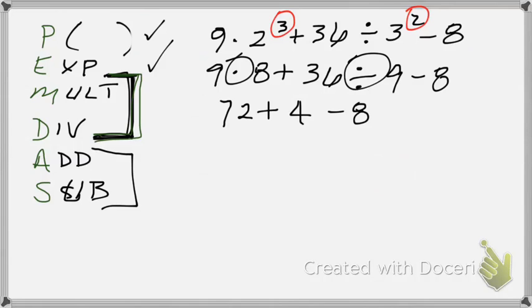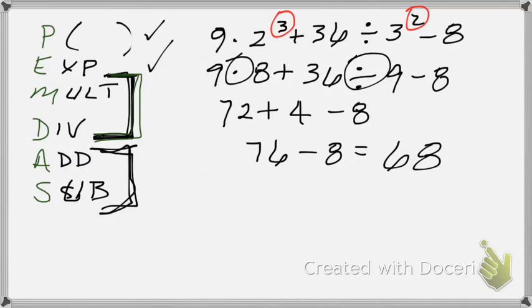So 72 plus 4, and we're going to do the same thing with the addition and subtraction. As we come to them, we're going to do them. 72 plus 4 is 76 minus 8 ends up being 68 for our answer. Alright, so that is PEMDAS. So you should be ready for the next video.